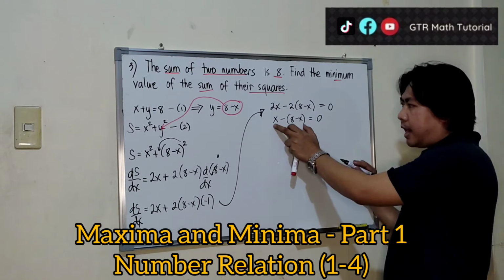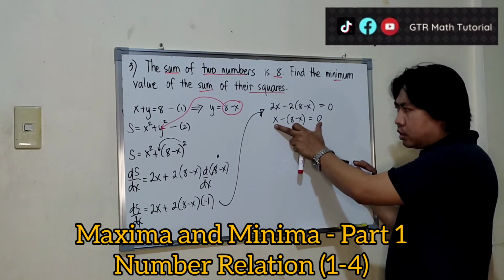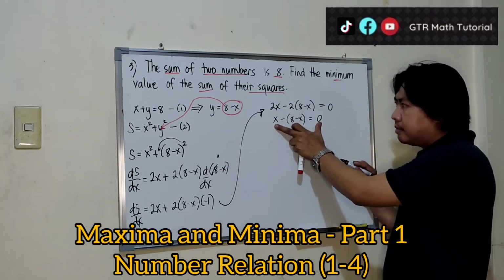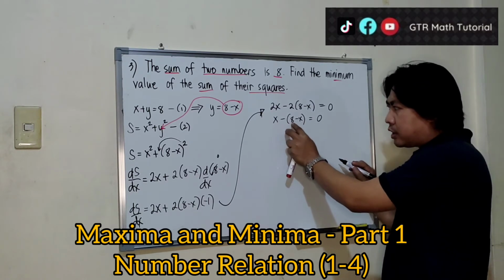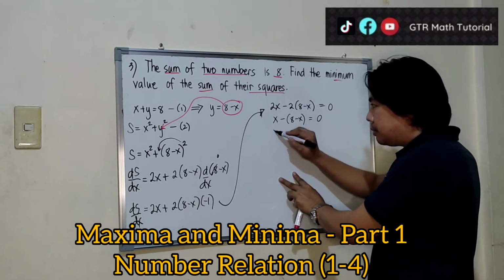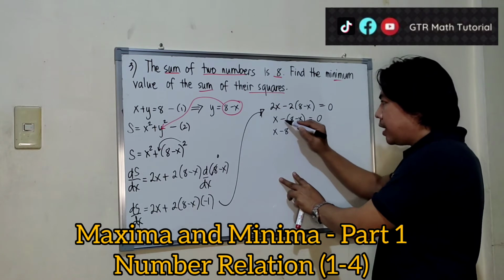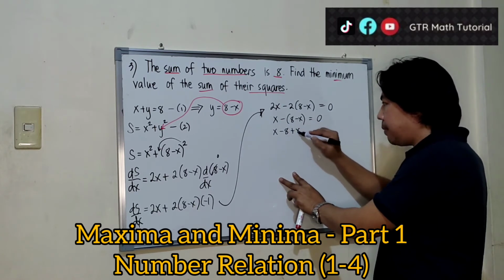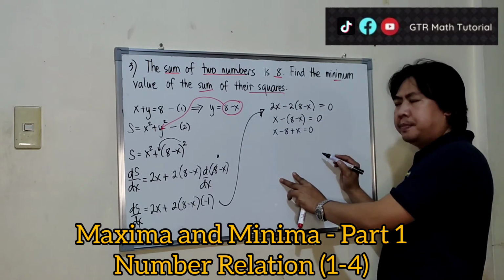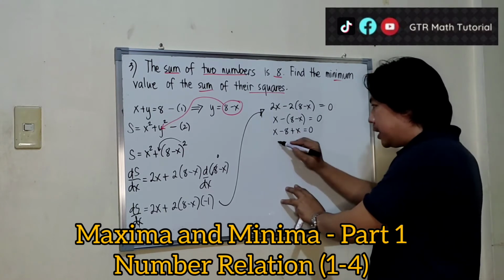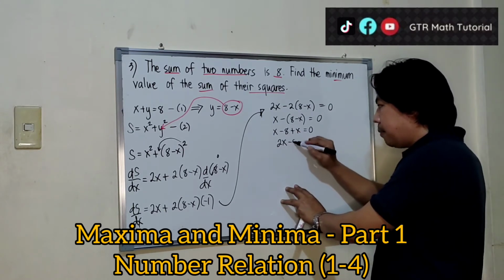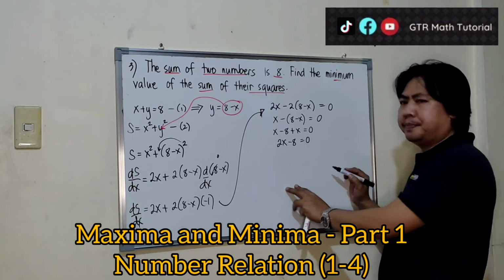Okay, so next, solve for x. So we have x minus, distributing the negative sign, x minus 8, negative of negative, so that is positive x equals 0. So x plus x is equal to 2x minus 8 equals 0.